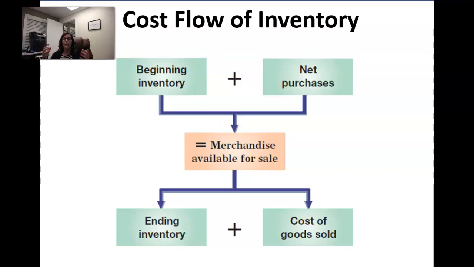In other words, this is what we could theoretically sell during the month. Some of it will get sold. Probably some of it will get left over. The inventory that will be sold from what we had available to sell goes into cost of goods sold. The ending inventory is what was left that didn't get sold.